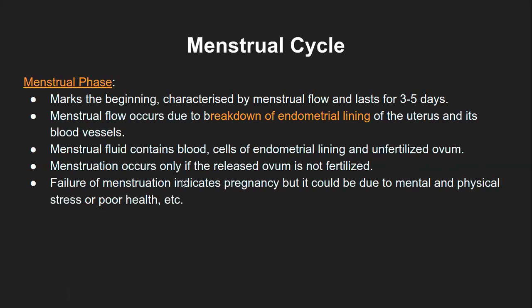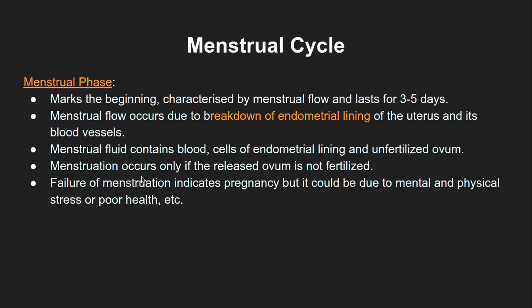Menstruation occurs only if the released ovum is not fertilized. Now, I assume you know this fact that if the menstrual cycle has stopped, it is an indication of either a malfunction in the body, or the second reason is that the woman is pregnant. So during pregnancy, that is when the ovum is fertilized, the menstruation stops.